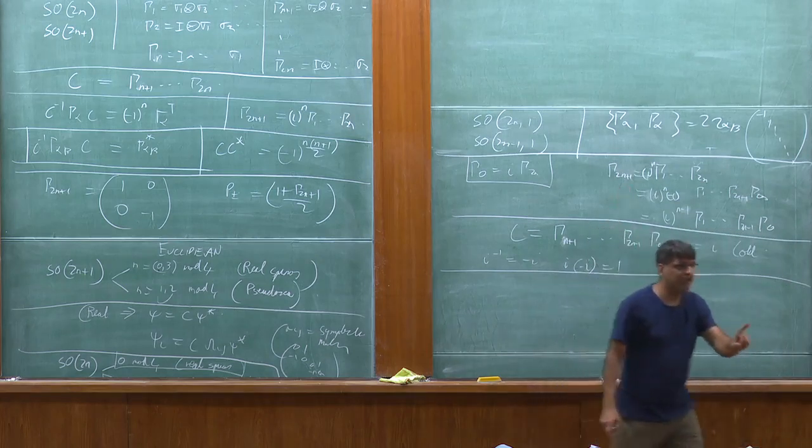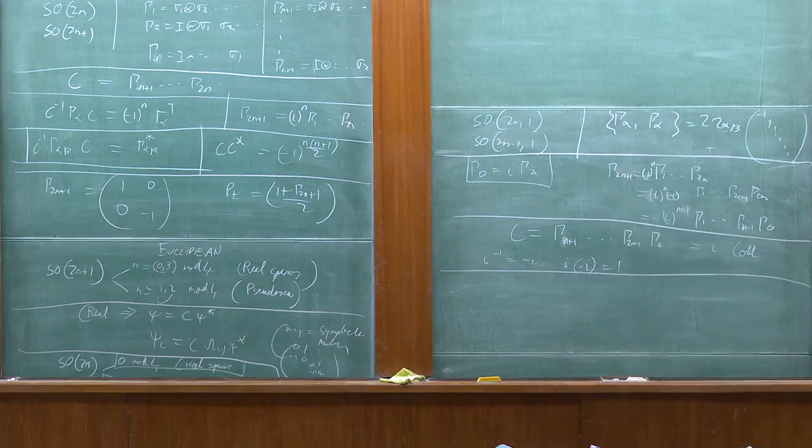If I had written gamma naught without the I, my gamma 2n plus 1 would no longer have squared to 1, because it was squared to minus 1, because there would be an extra I square. The way we chose the factor of I, renaming of gamma 2n as minus I gamma naught, that's all. And then you are calculating the gamma naught and then you are putting it everywhere in this list.